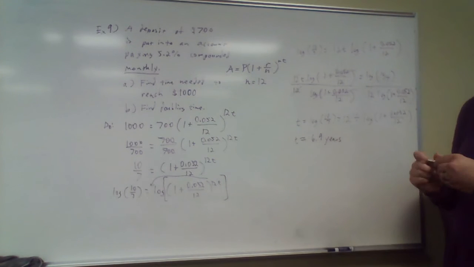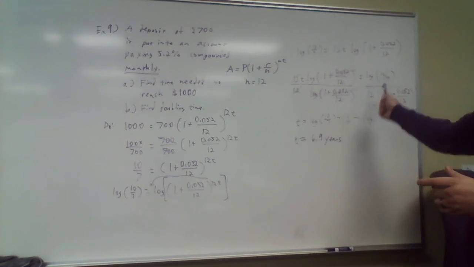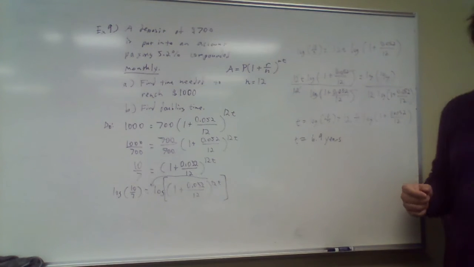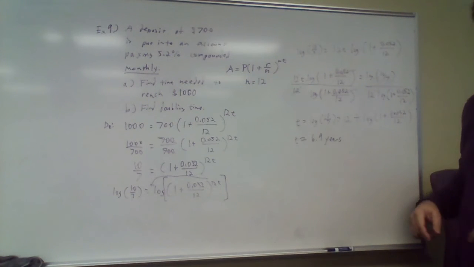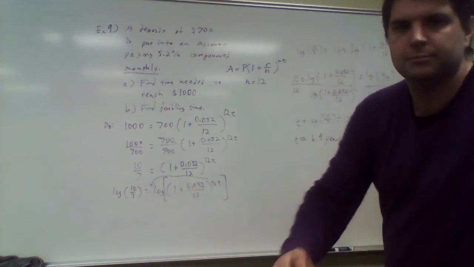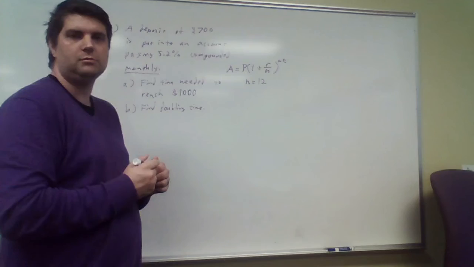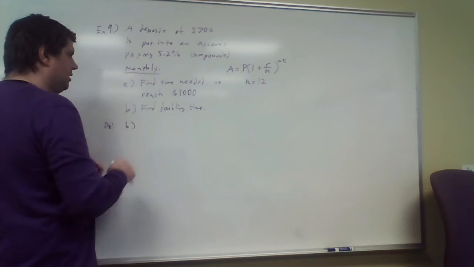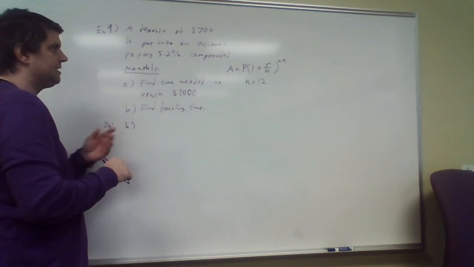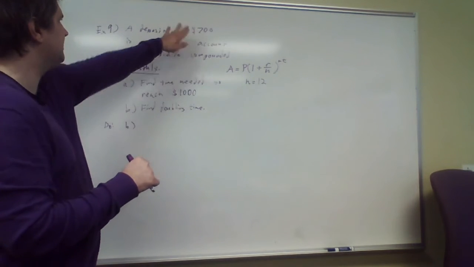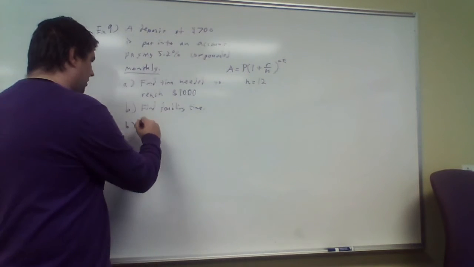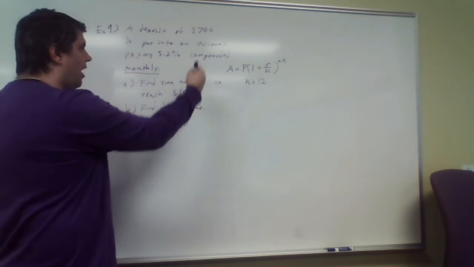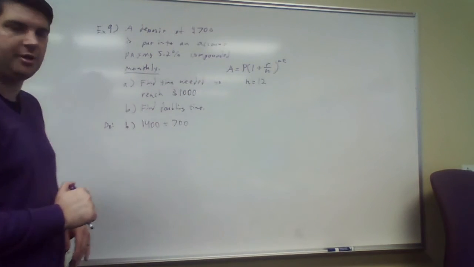All right? Because this is a longer problem, I'm going to need to erase it and start over. Okay, so now I will proceed to do B. Doubling time is simply a matter of that 700 becoming 1400. I want to know how long it will take for the original $700 to double to 1400.